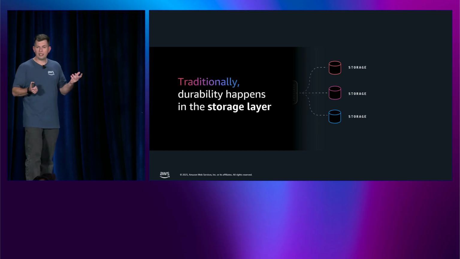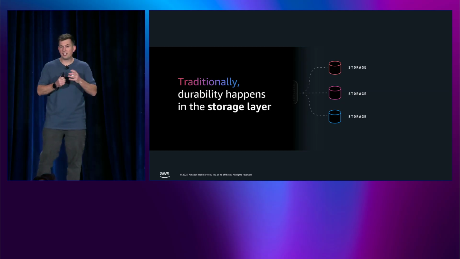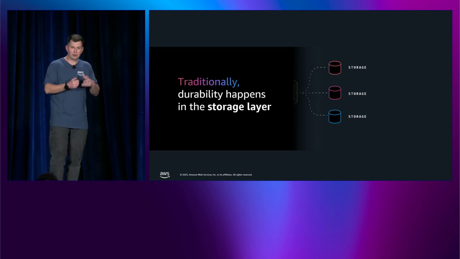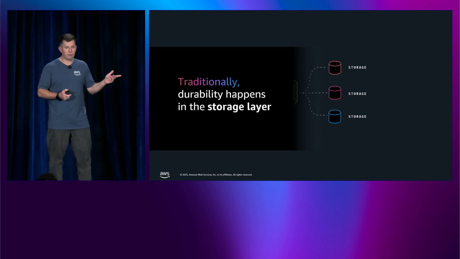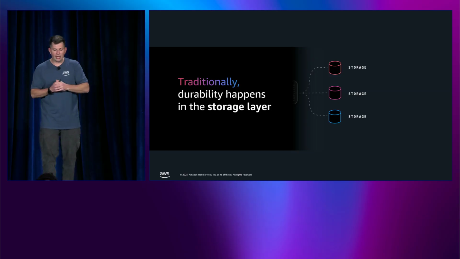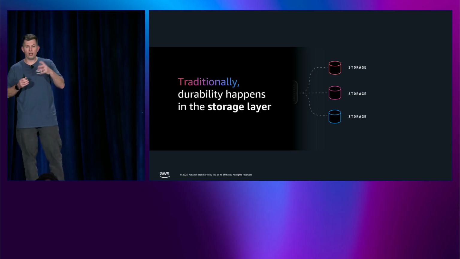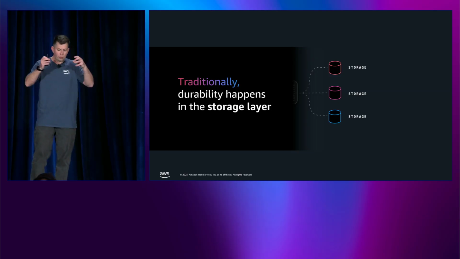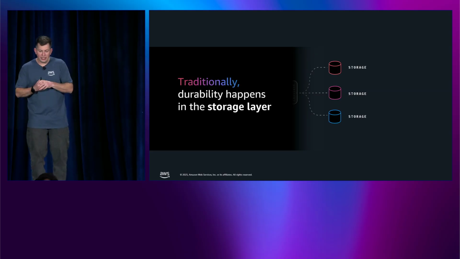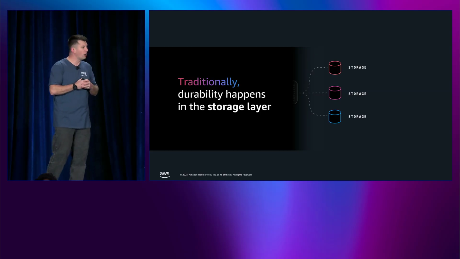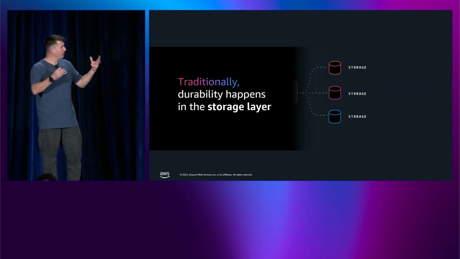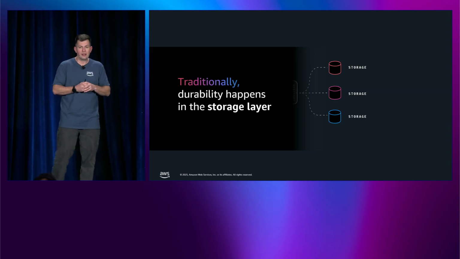Once the adjudicator decides that your transaction is able to proceed, what exactly makes it durable? In a traditional database, durability happens at the storage level. A transaction is considered committed only when it's written durably to the storage. The storage layer is then responsible for recovering your committed transaction in case of failure.